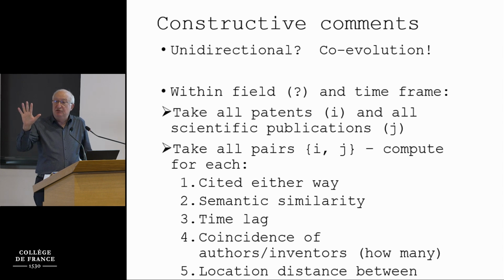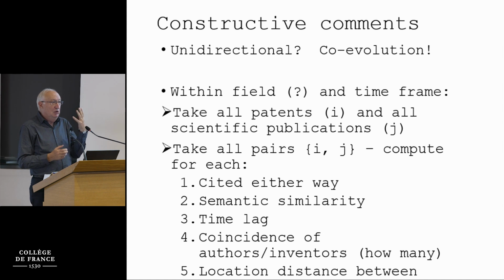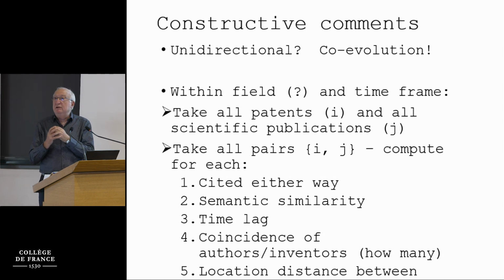So you have five possible indicators in every pair, okay? So the idea will be to take these five, and try to compose out of them some overall index of the relatedness between all these pairs, not causality, but the relatedness, okay?